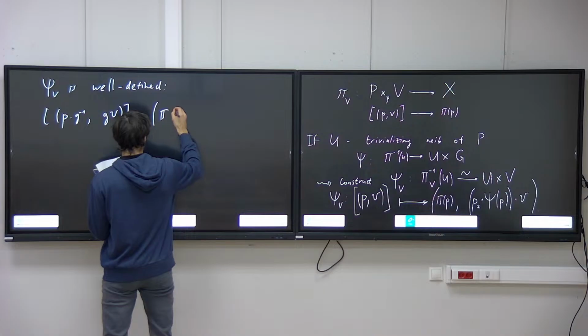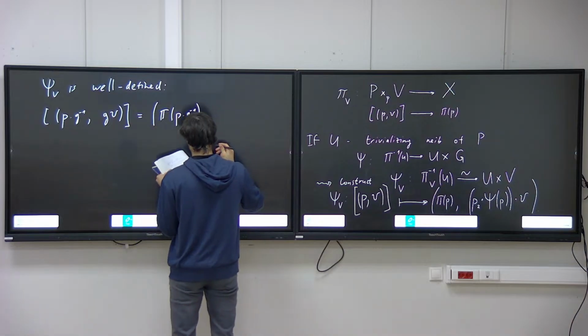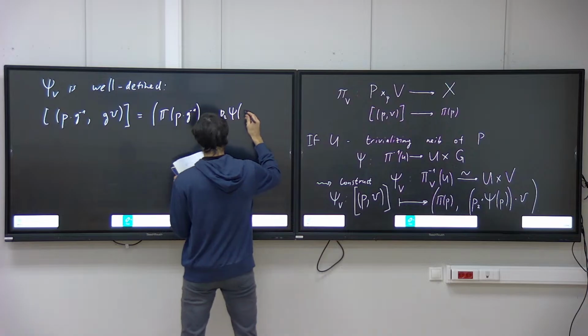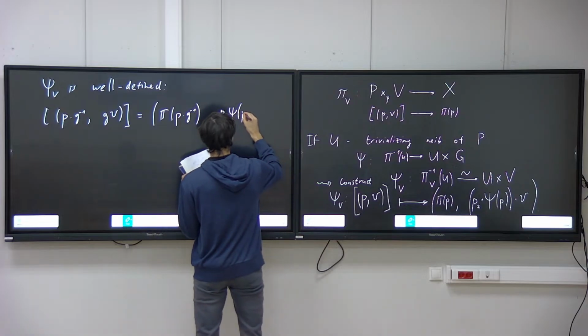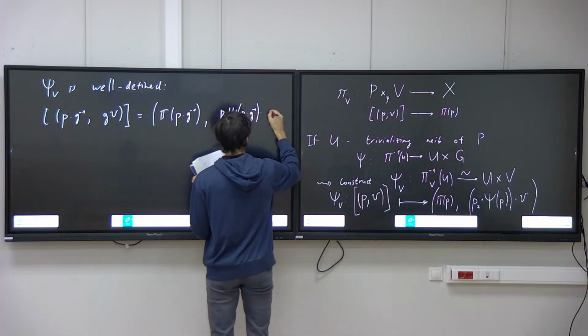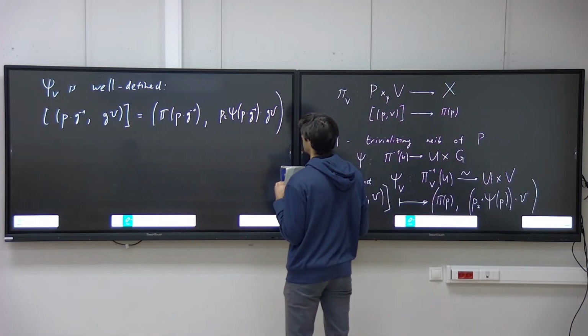Pi of p·g inverse, and then P2 psi of p·g inverse applied to gv, right?